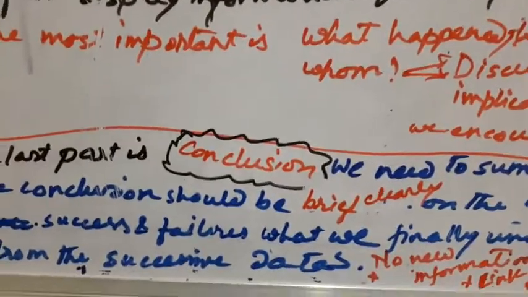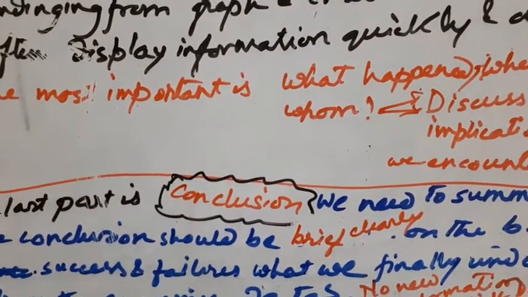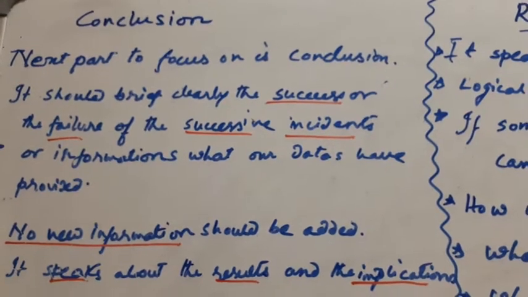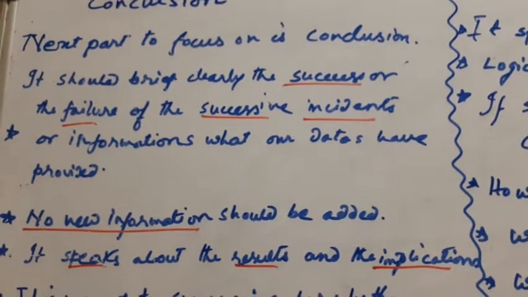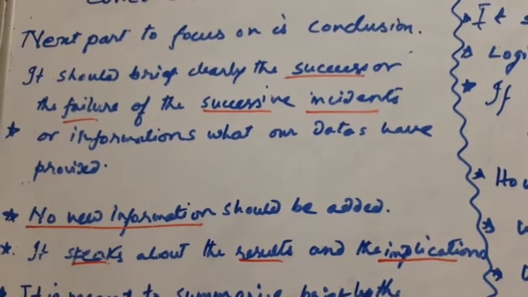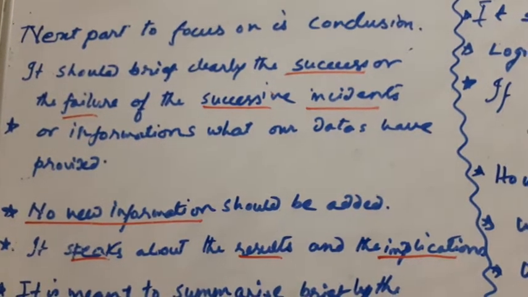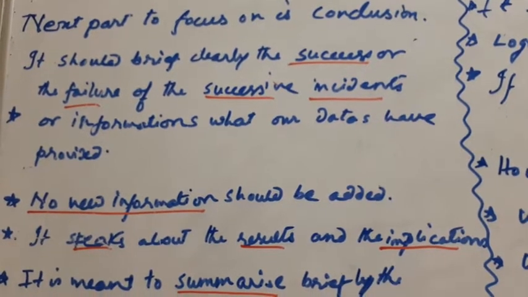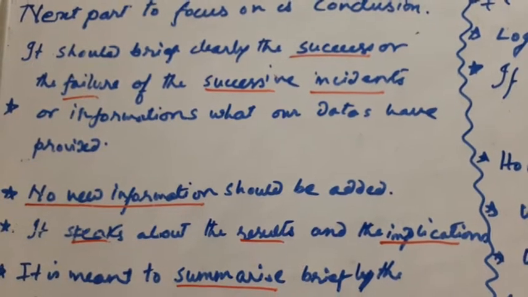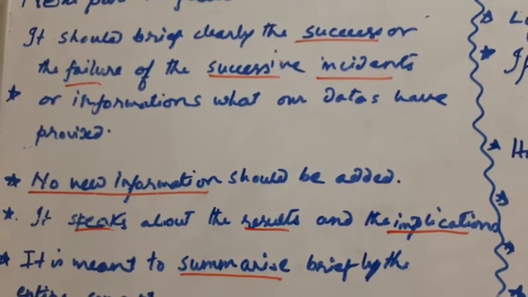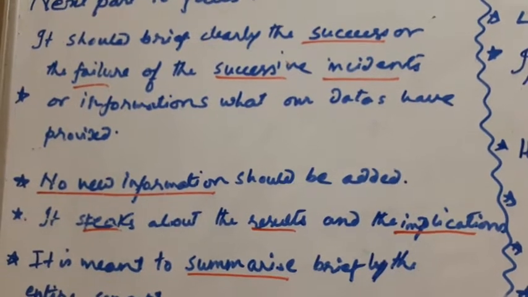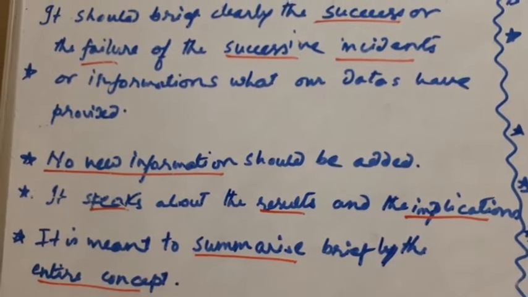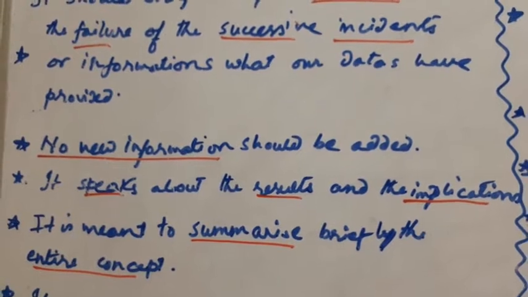So the last portion we will be moving to is the conclusion. Very next we will have to move to conclusion, right? So the conclusion should briefly state clearly the success or failure of the successive events, or the information we have collected from the data. No new information should be added in the conclusion.